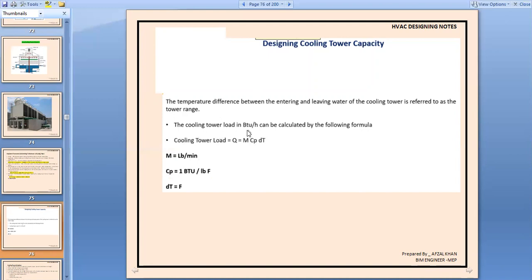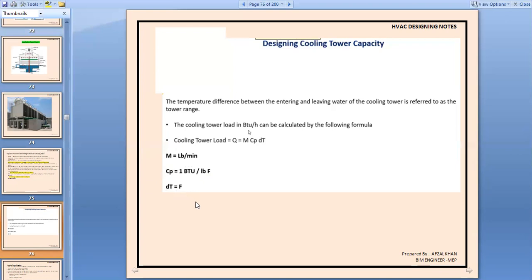Cooling tower load in BTU per hour is calculated by the formula Q is equal to m Cp delta T, which is a standard formula from thermodynamics. You might have heard about this one. Here m is in pounds per minute, Cp is 1 BTU per pound Fahrenheit, and delta T is your temperature difference. With the help of this formula, you can easily calculate your cooling tower capacity.